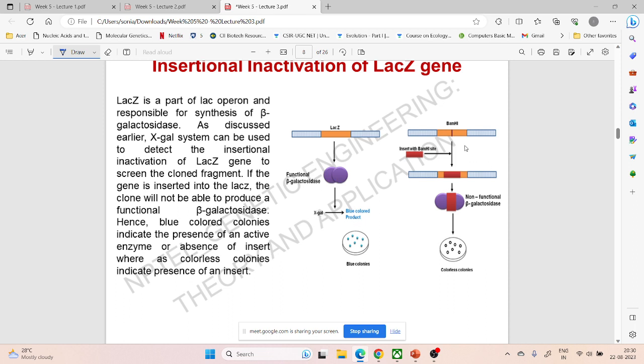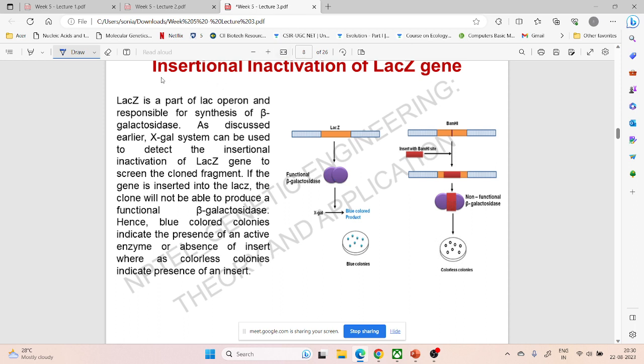But when we insert our gene of interest in the N-terminal region of the LAC-Z gene present in our insert, then this LAC-Z gene is disrupted. Because it is disrupted, it will not produce a functional LAC-Z gene, and therefore beta-galactosidase will not be functional, and colorless colonies would be formed.